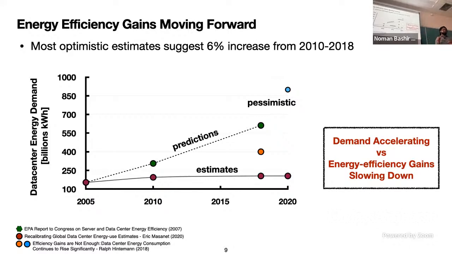And in future, these energy efficiency gains are not going to be there, because even if you drop your PUE to 1, so you are not spending any energy on cooling, you are still spending energy on compute. So as the demand grows into the future, you will be spending a massive amount of energy on computing. That is the key point: demand is accelerating, but we have exploited most of the energy efficiency gains so far.